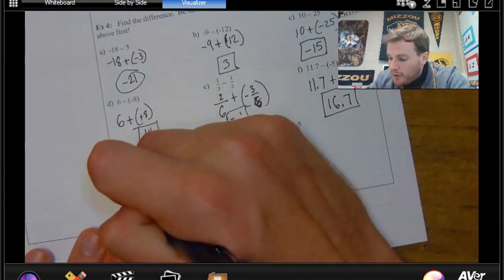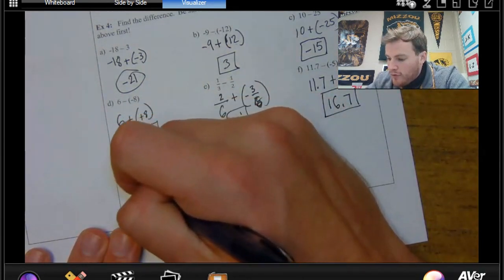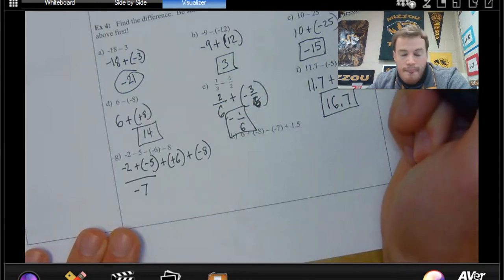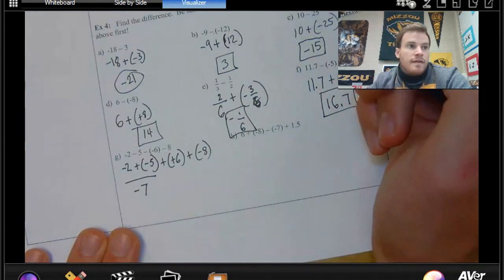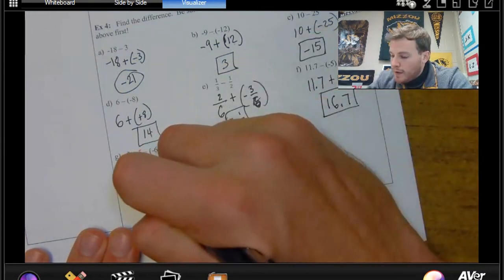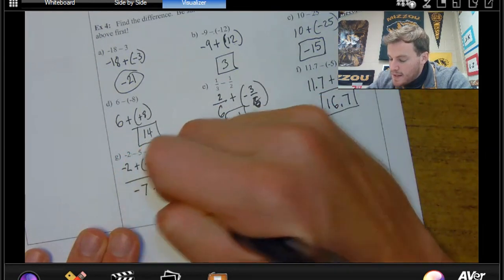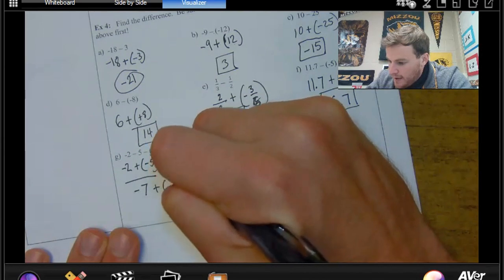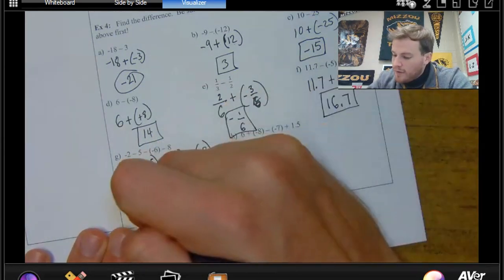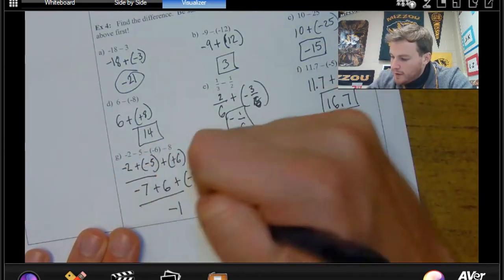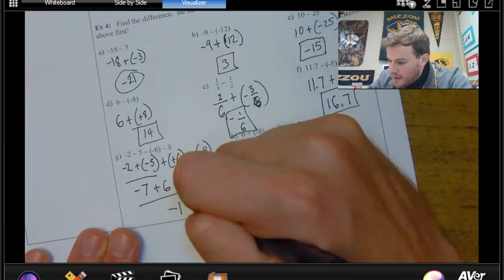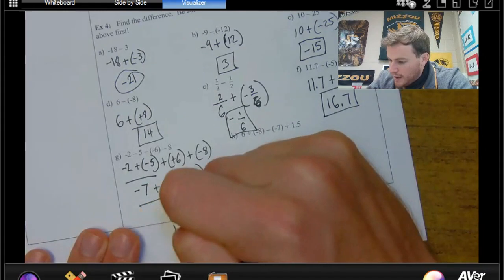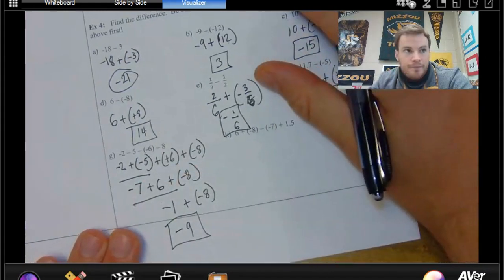Let's do the first two together. Two signs are the same and you're adding them, so that becomes a negative 7. Negative 7 plus 6 plus a negative 8. If I put these two together, that equals a negative 1. Negative 1 plus a negative 8 equals a negative 9. That's how you do that one.